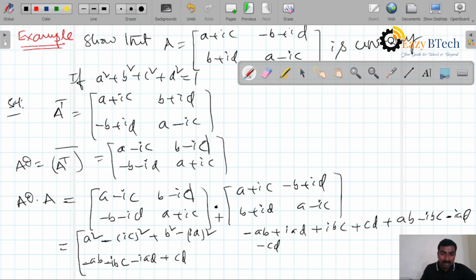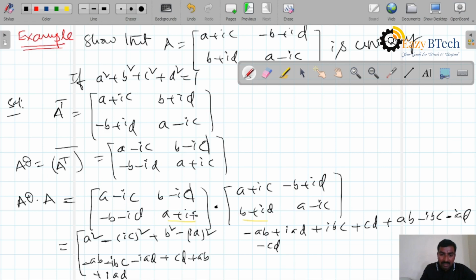Now come to minus B into this term, minus B into minus B. Here we multiplied minus B into this one. Now A plus IC into B plus ID. That means we have to multiply these two terms. If you multiply these two terms, A into B, AB plus A into ID, IAD plus IAD.